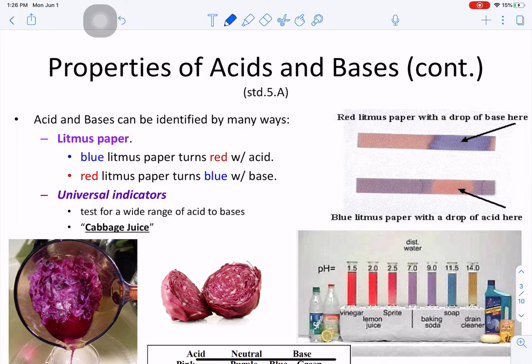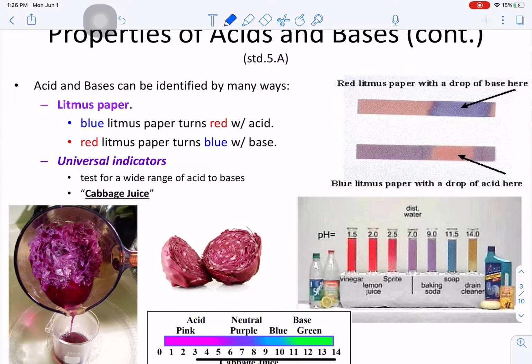Okay, now, cabbage juice actually has indicator properties. Well, what's an indicator? These are all different types of indicators because they change colors in the presence of an acid or a base. It indicates the pH of a specific solution. Okay? It can test for a wide range of acids and bases.